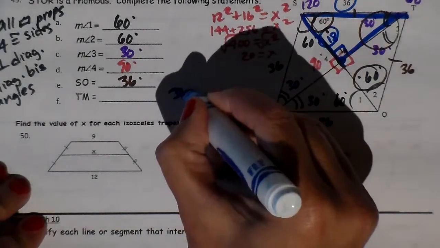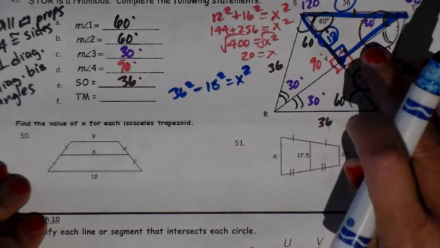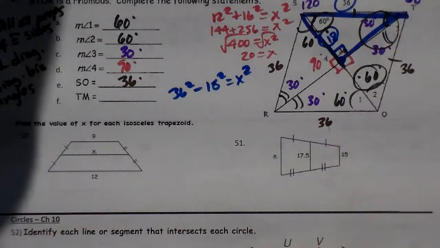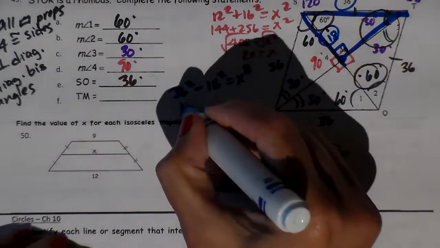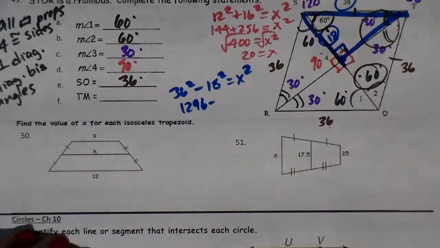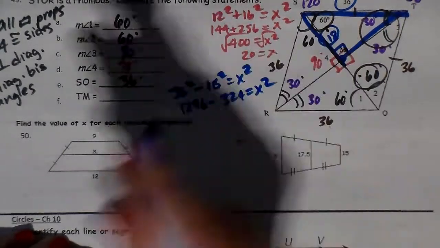So I'm going to do 36 squared minus 18 squared equals x squared to find TM. I'm subtracting because I have the hypotenuse. 36 squared is 1296 minus 18 squared, which I believe is 324, yes, equals x squared.